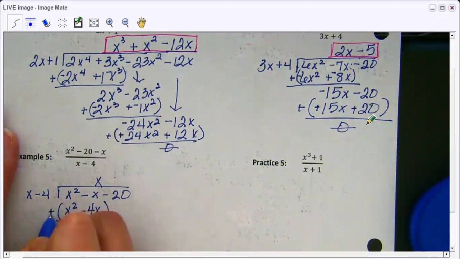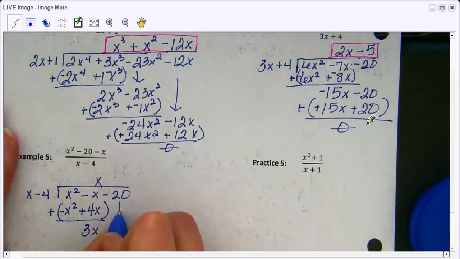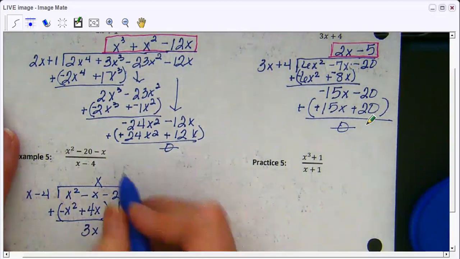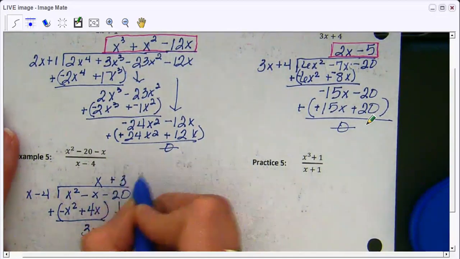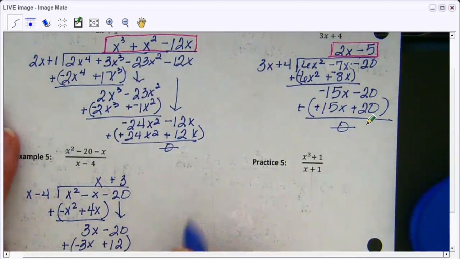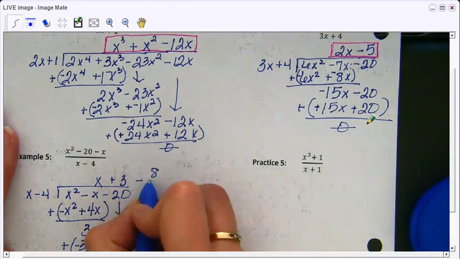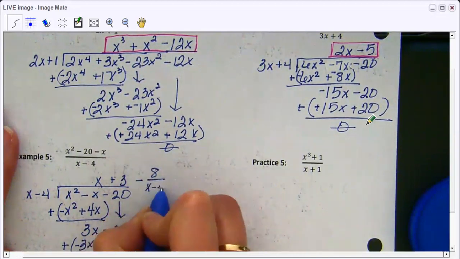Sorry, negative x. And then you end up with 3x here, and you bring down your negative 20. x goes into 3x 3 times. And then you subtract. And you have a remainder of negative 8. So your final answer would be x plus 3 minus 8 over x minus 4.